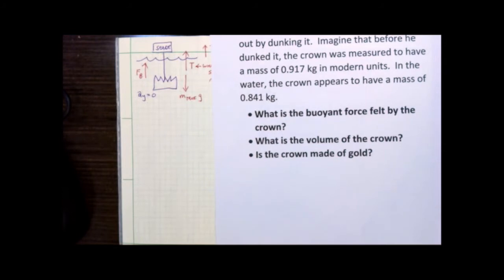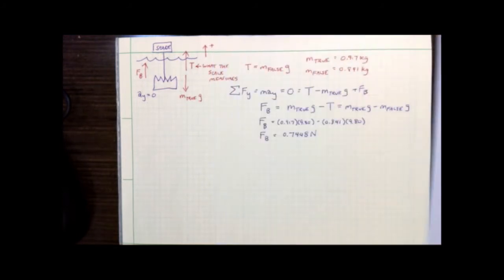The next question asks us, what is the volume of the crown? It is important to note that we cannot use the density formula for this. We cannot find the volume from the density because we are not sure that the crown is made of gold. So we must take a different approach.